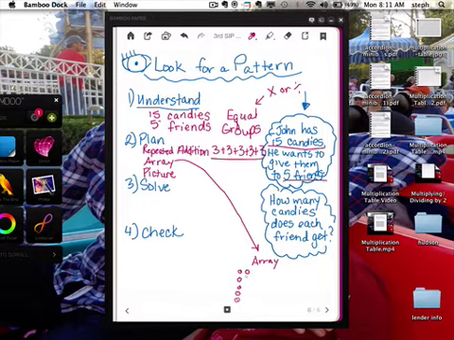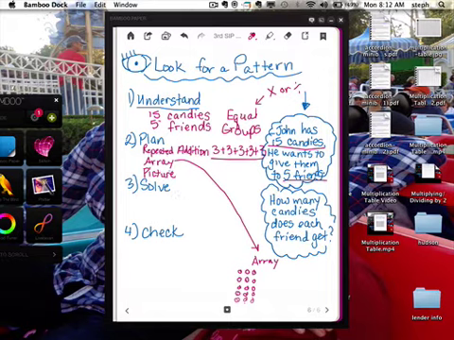So I'm going to go 1, 2, 3, 4, 5. But I need to count this first row because I gave them a candy. So 1, 2, 3, up to 15. Okay, so I have 5 rows and 3 columns. We'll come back to the array when we try to solve.